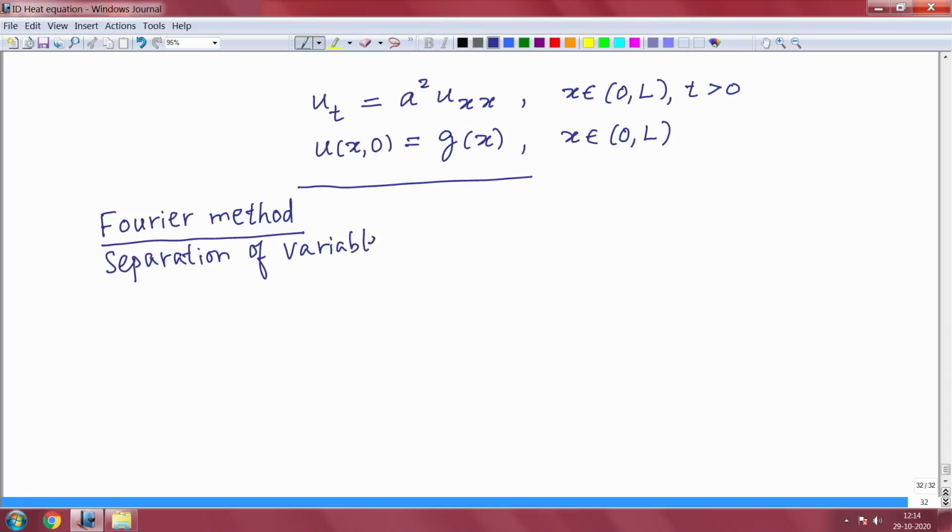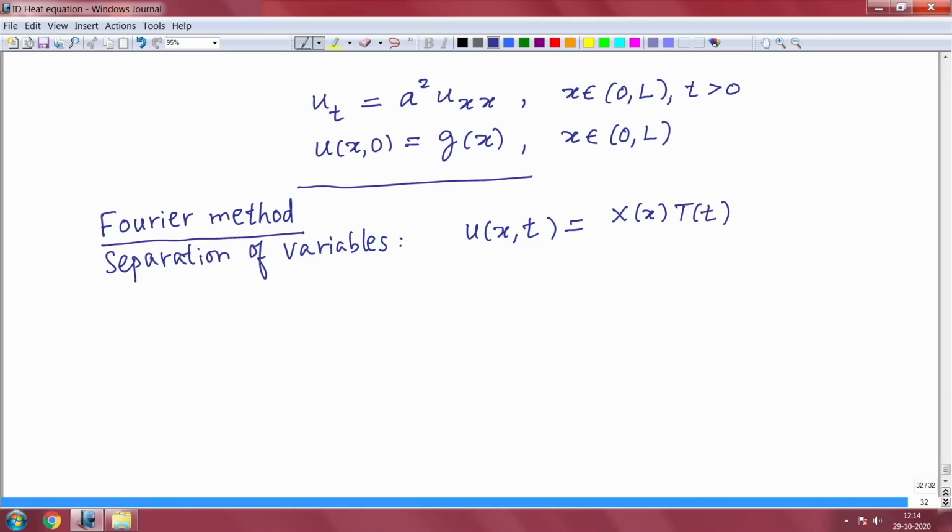So, in this method the solution is sought in this form, namely u(x,t) = T(t)X(x). So, this is what we did even while obtaining the solutions for the heat equation on the entire real line.